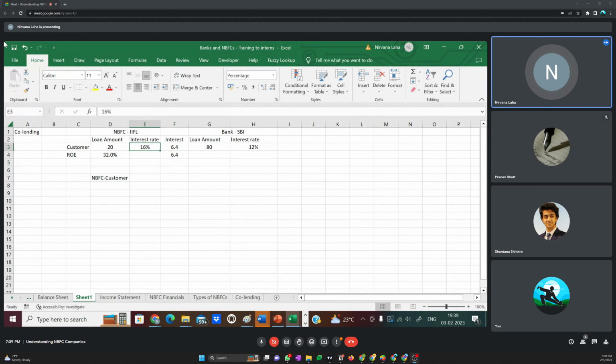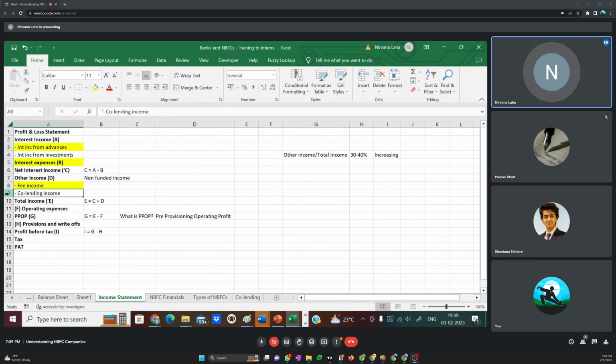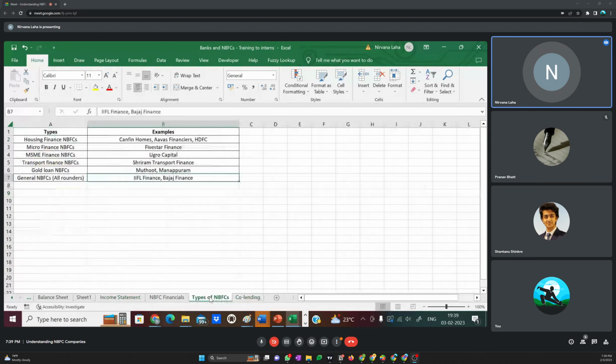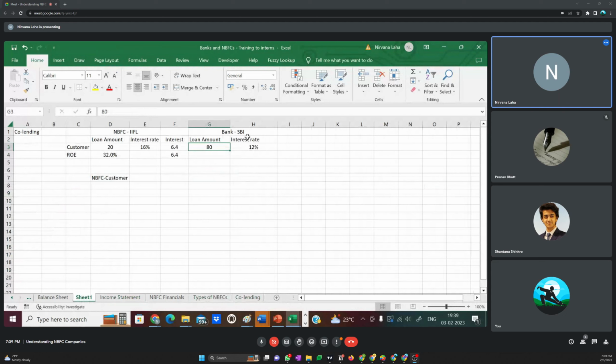So not only is it earning for whatever is on its book, it is also earning a fee, which comes in as other income, co-lending income, for the loan that is sitting on the bank's balance sheet.